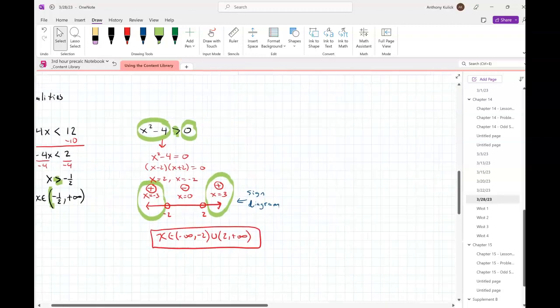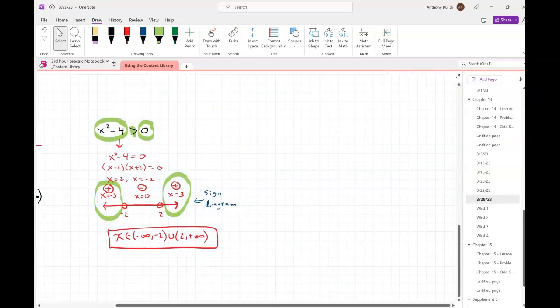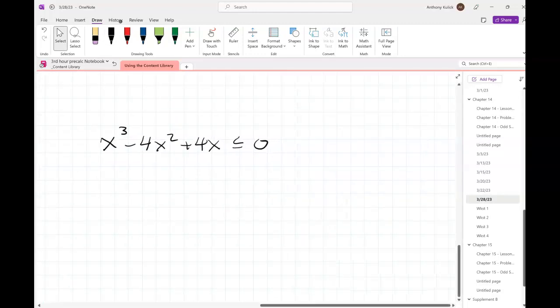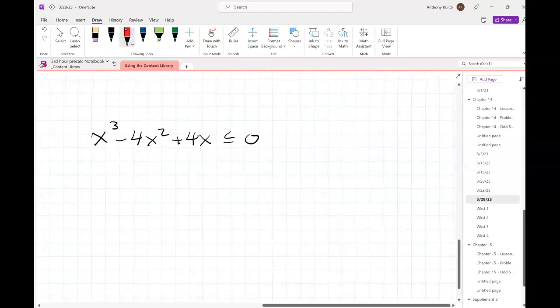So let's do another Algebra 2 kind of example. We'll just make it a little bit more complicated, because what you're going to see here in a minute is these guys are all going to simplify down to one of these Algebra 2 kind of problems with the appropriate modifications.